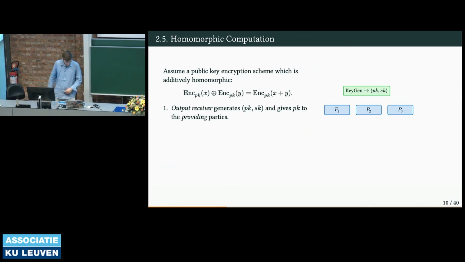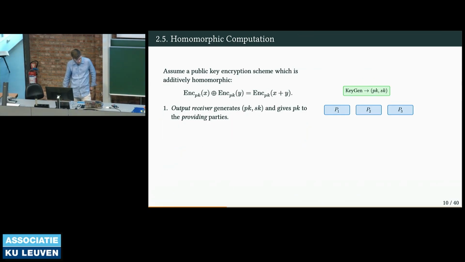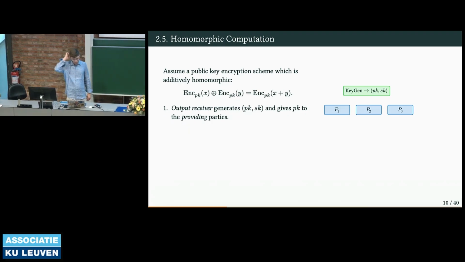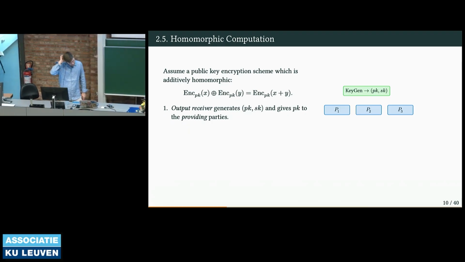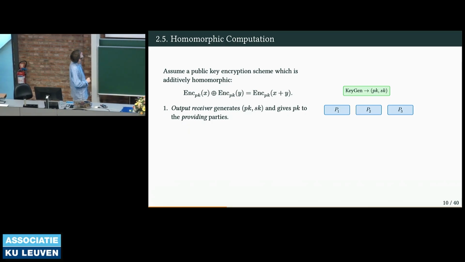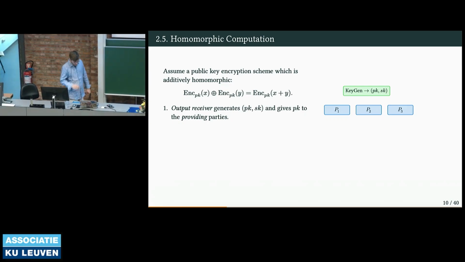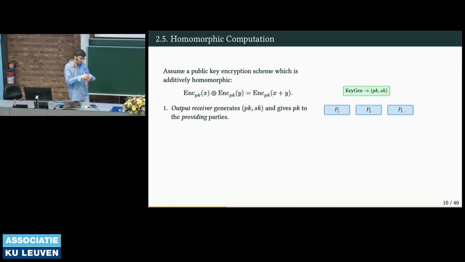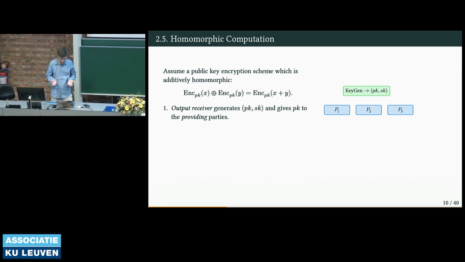Okay, so talking about FHE, the next method we have is homomorphic computation. You have a public key encryption scheme, and what homomorphic means is that on the ciphertext side, you've got these encryptions of X and Y, and you have this round plus operation which lets you combine 2 ciphertexts into a single one.